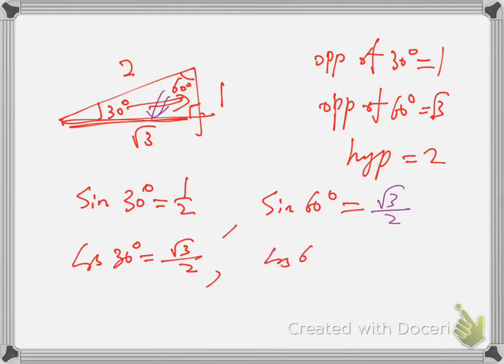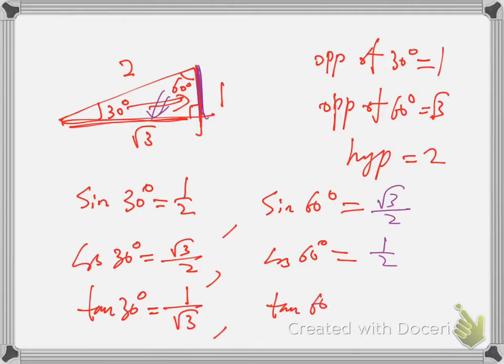Cosine of 60 is adjacent over hypotenuse, so 1 over 2. Then tangent of 30 and tangent of 60 are opposite over adjacent. So these are the trig values for 30 degrees and 60 degrees.